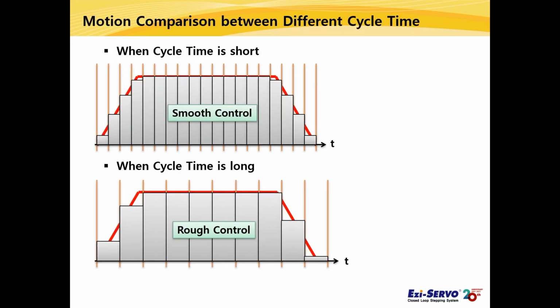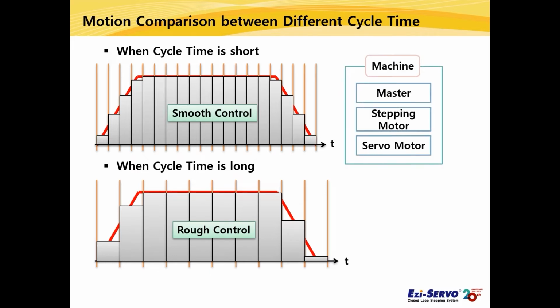Then, why is the minimum cycle time important? For example, in synchronous control, if the cycle time is short, smooth and high-precision control is possible, but if the cycle time is long, smooth operation is not possible. Depending on the requirements of the machine, stepping motors and servo motors are often used together.